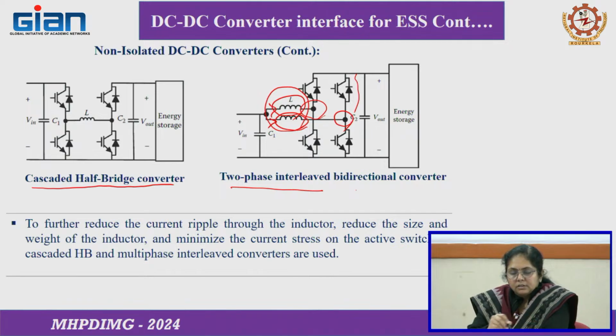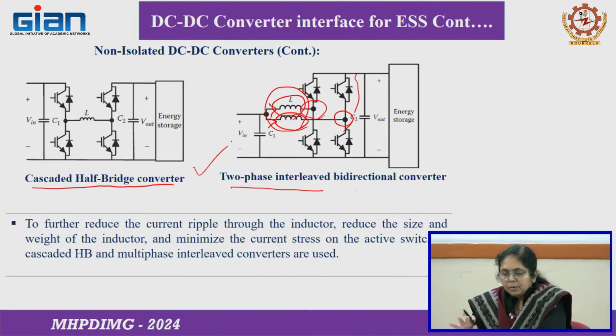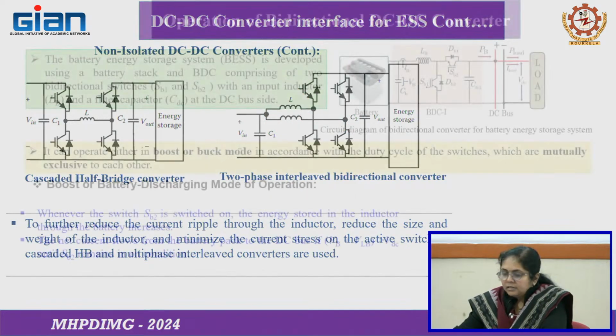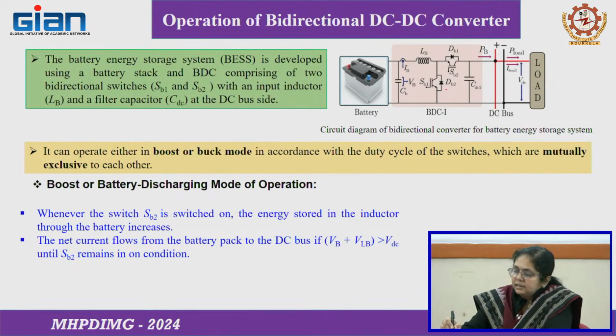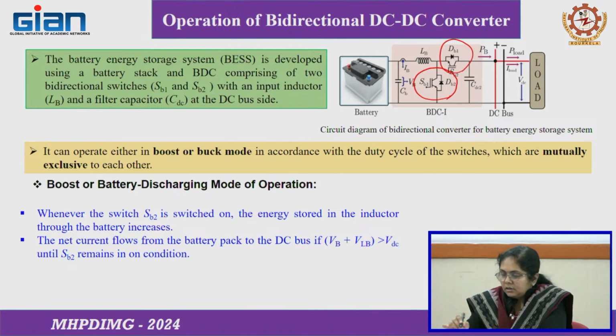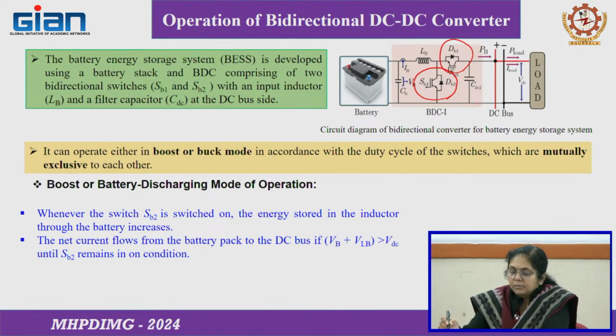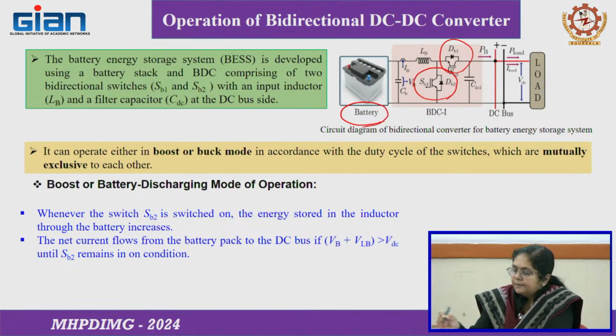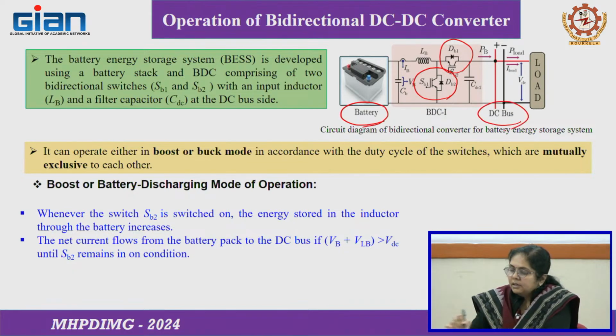I have just given you the various topologies available in the literature, but now we will focus on the simplest one, the converter having a single leg, with a top switch and a bottom switch. Based on that, I will talk about the operation of the bidirectional converter, and how it operates depending on whether energy is stored. Here I have reversed the direction: this is the battery and this is the bus, and in between we are using this bidirectional converter.